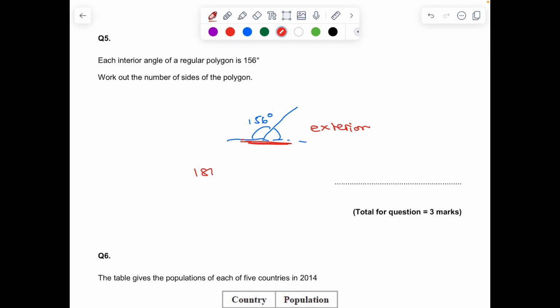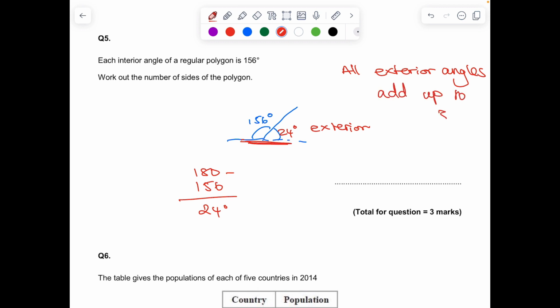So we're going to do 180 take away 156, which we can do on our calculator, which is 24. So I now know the exterior angle is 24. Now, all exterior angles, doesn't matter how many sides your polygon has, add up to 360.